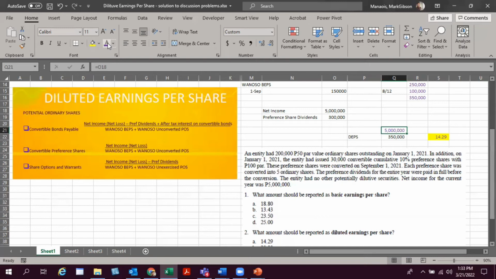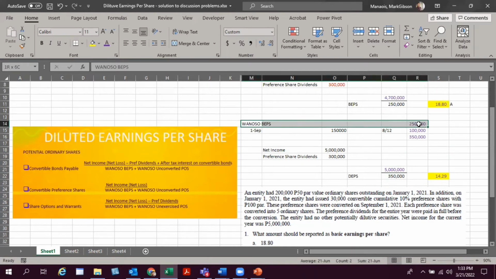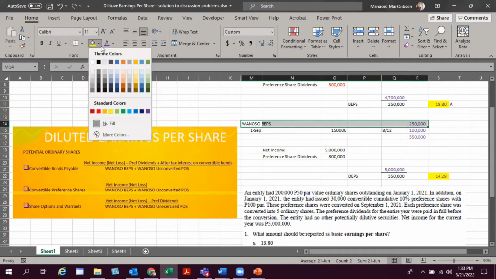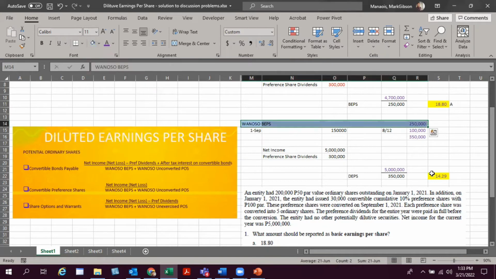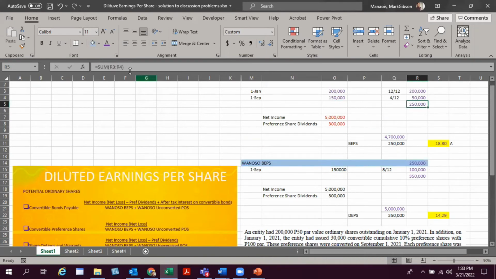Okay? Now, pag-usapan natin yung weighted average number of shares outstanding. Sabi natin, it's 1 also BEPS. So, kung 1 also BEPS yan, huwag na natin ulitin yung calculation. It's simply that 250,000 na na-compute natin kanina. Lagay ko dyan, 1 also BEPS.